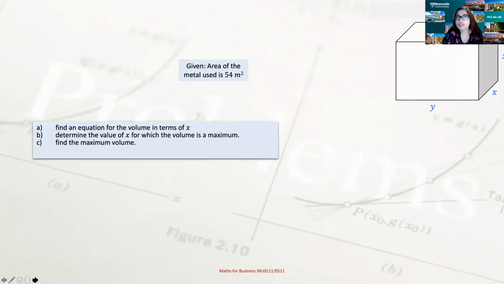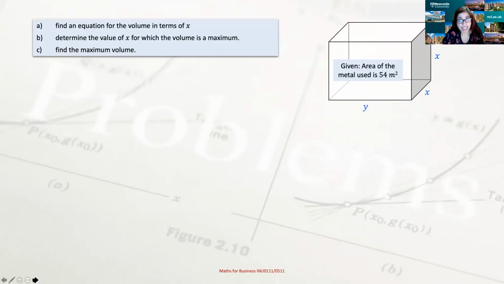So what is given? We are given the area, and we have to find an equation for the volume in terms of x. Then we have to find the value of x for which the volume is maximum, and then the maximum volume. Let's do that. First, what is the volume?